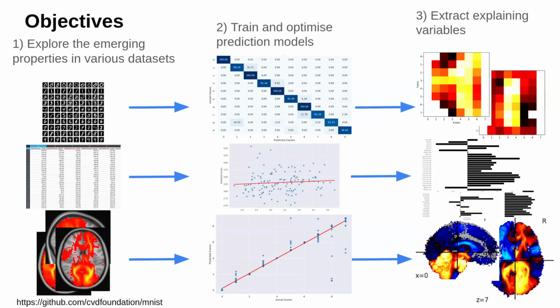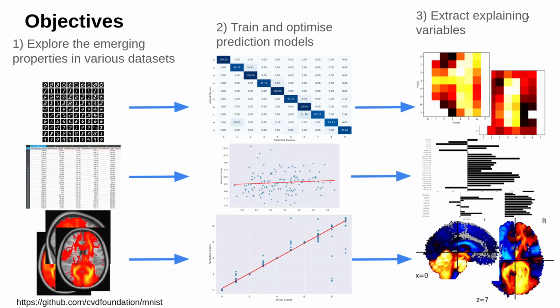That doesn't mean that it's going to find something, but you can at least input it. And the goal is to train and optimize prediction models that can be regression type models, so you're trying to predict continuous values, or classification problems.